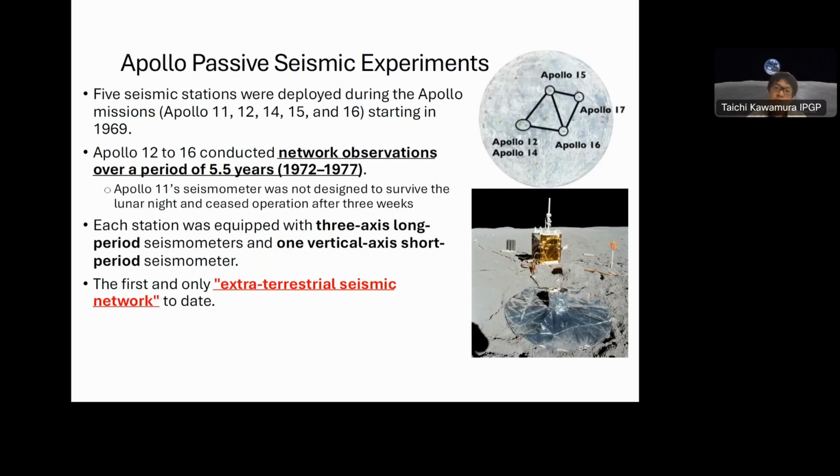This is exactly the first and only extraterrestrial seismic network we have on the moon. This observation was a huge discovery because we found that the moon is seismically active and there are many seismic events on the moon. This really led to a better understanding of lunar internal structure. Next slide, please.